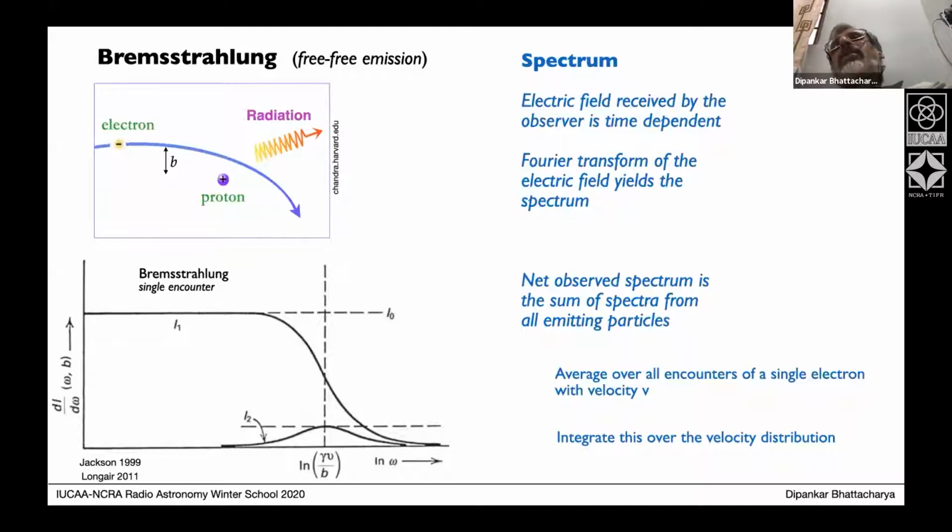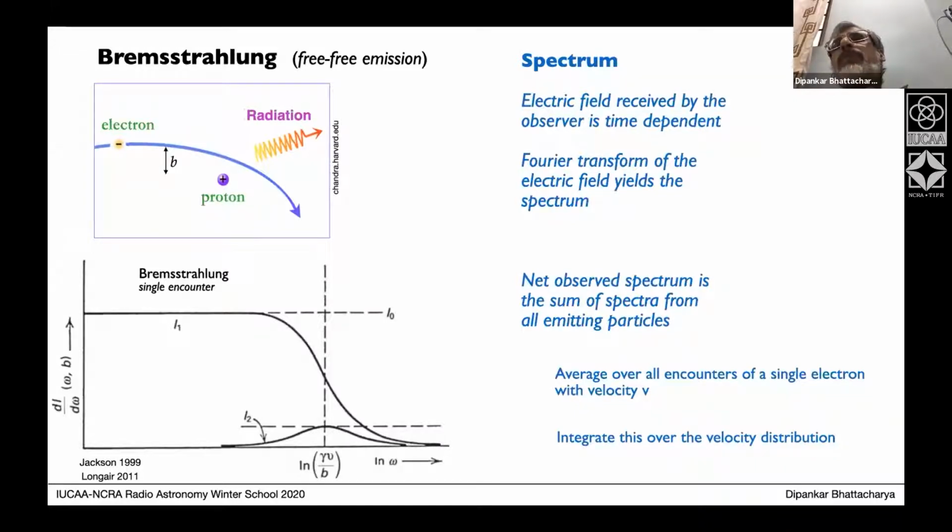Now this is the same process: you have an electron which, in the presence of another charged particle like a proton, will experience acceleration, and that acceleration will cause its trajectory to bend or speed up or slow down, and because of that acceleration it will produce emission.